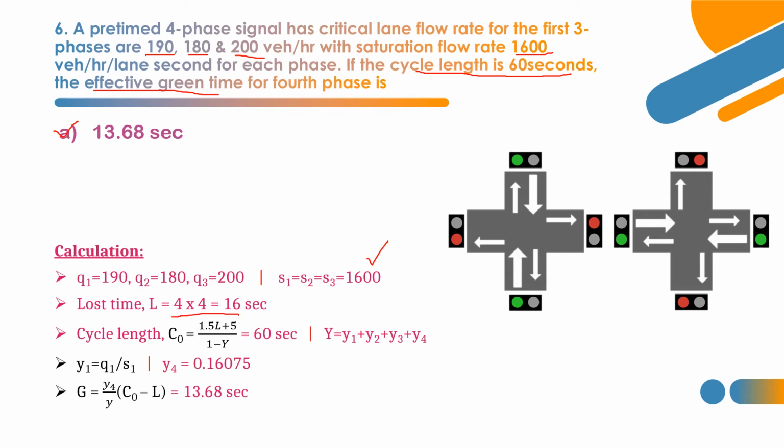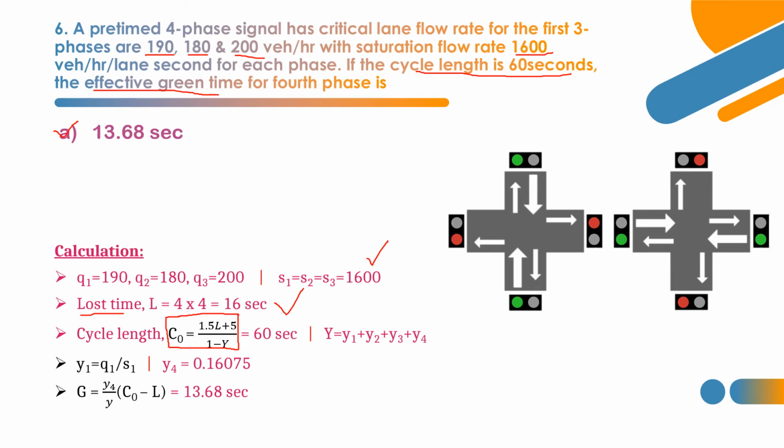As per Webster's method, cycle time is given by the formula C0 equals (1.5 L plus 5) divided by (1 minus Y). What is L? It is the lost time. Let's assume 4 seconds lost time per phase. There are 4 phases, so 4 into 4, 16 seconds as lost time. So 1.5 into 16 plus 5, divided by 1 minus capital Y.